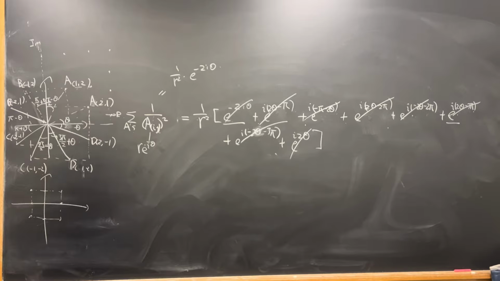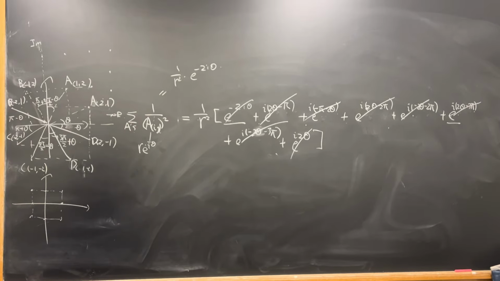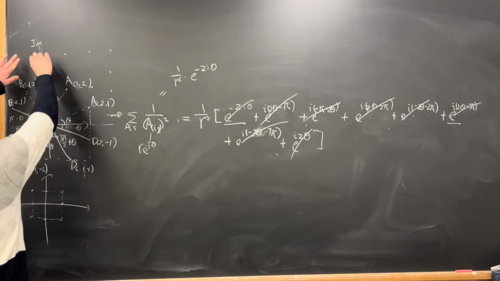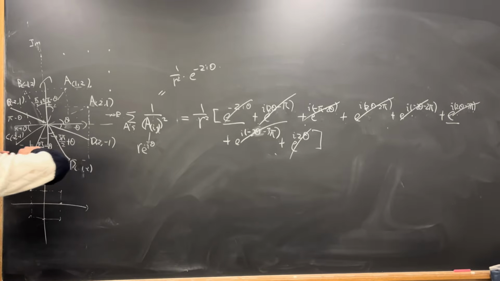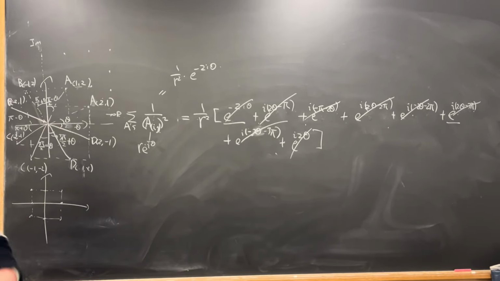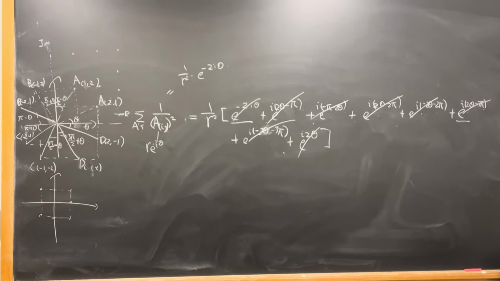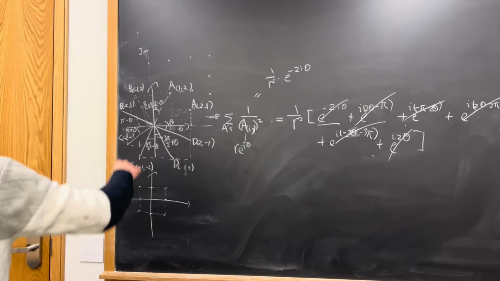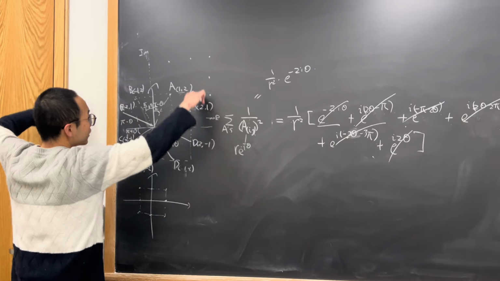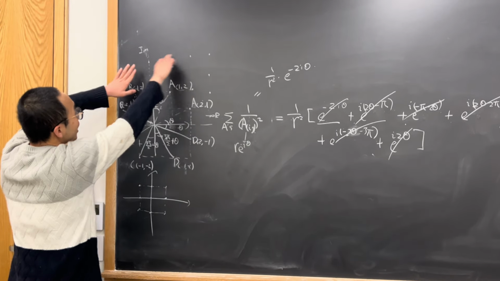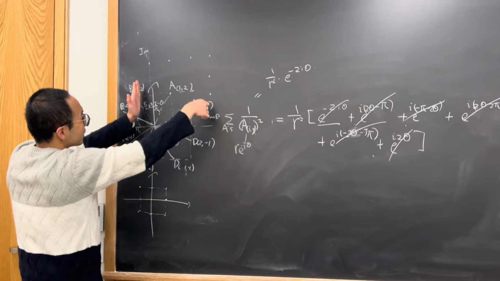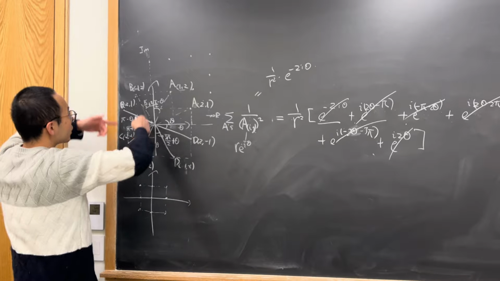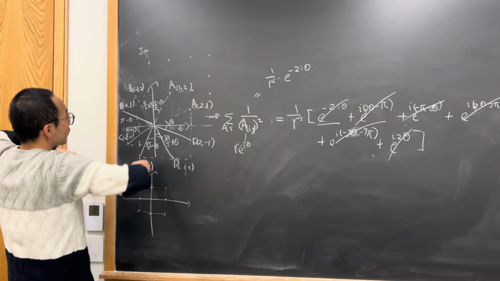For these points, it should be in all the quadrants, extended like here. I'm just drawing things in the first quadrant, but you may imagine there are also points in the second quadrant and the third quadrant.